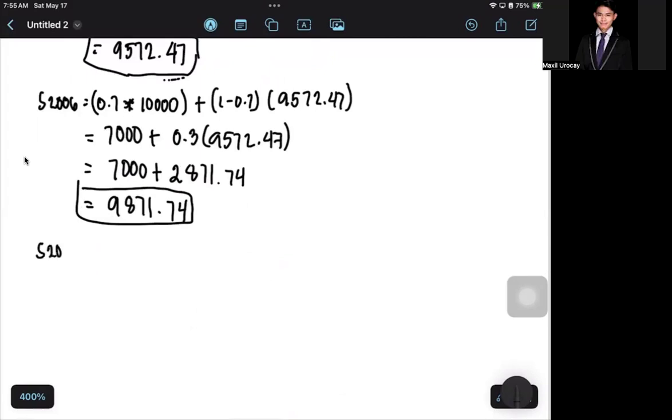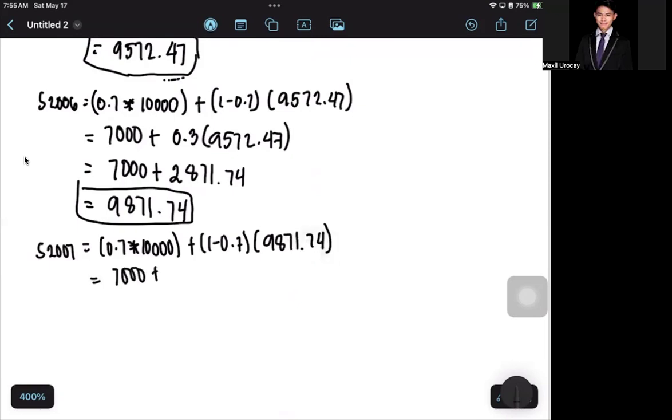What about for 2007? So that will become 0.7 times 10,000 plus 1 minus 0.7 times 9,871.74, and then the same thing, 7,000 plus 0.3 times 9,871.74.